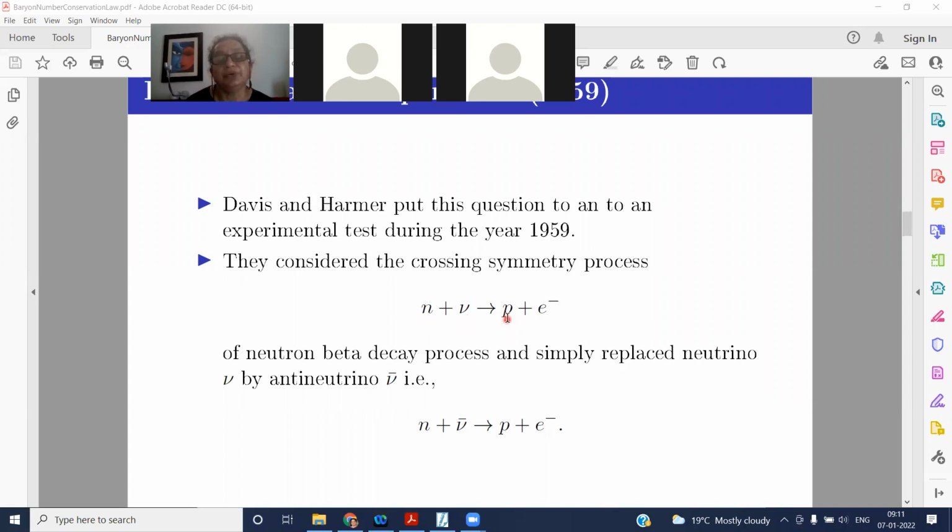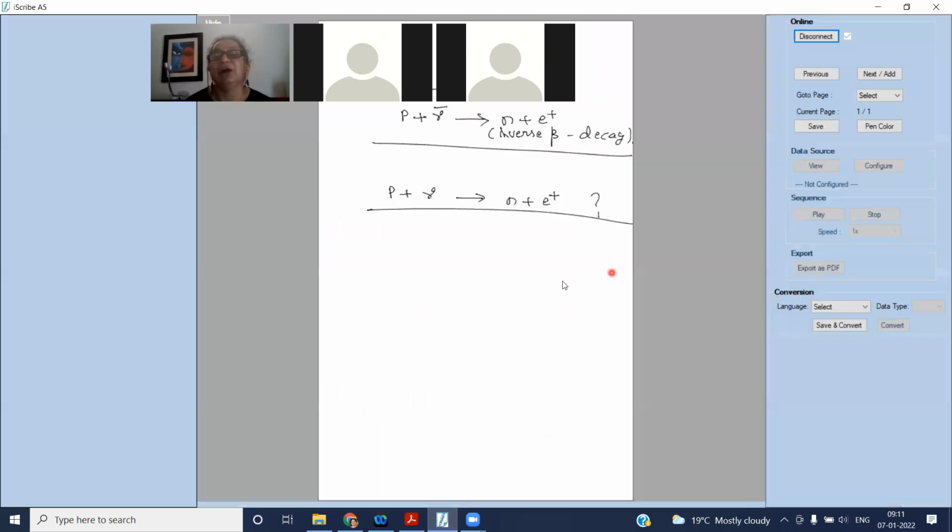Neutron plus nu going to proton plus e minus. Rather, I will show you now. What we have is proton plus neutrino goes to neutron plus e plus. That is fine. But I will take another crossing symmetry here. Neutron plus nu, okay, let me write nu bar here.